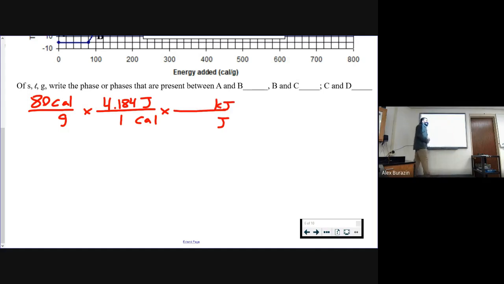How many joules are in a kilojoule? Probably like 1,000. How many meters are in a kilometer? How many milliliters are in a liter? How many liters are in a kiloliter?